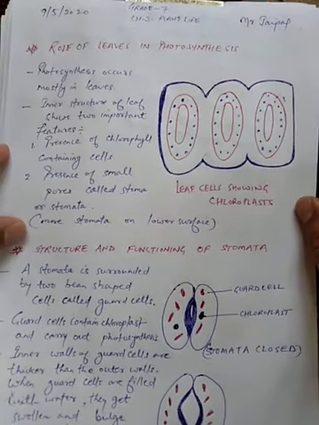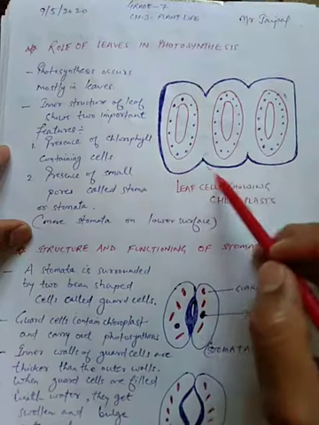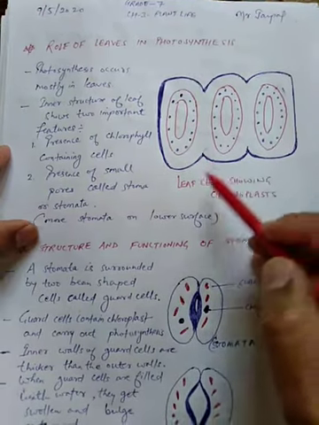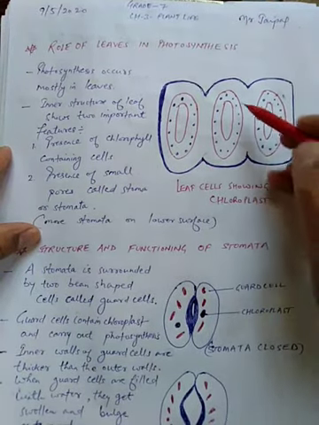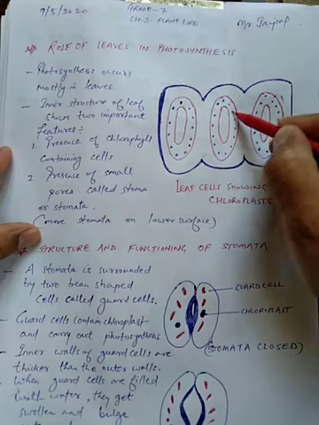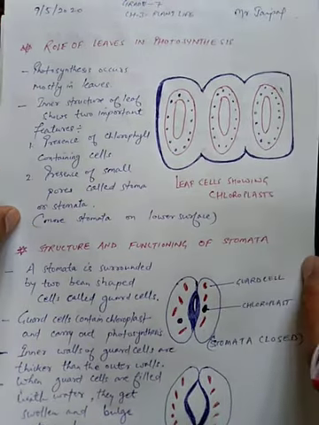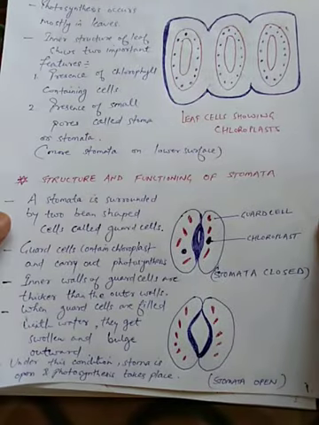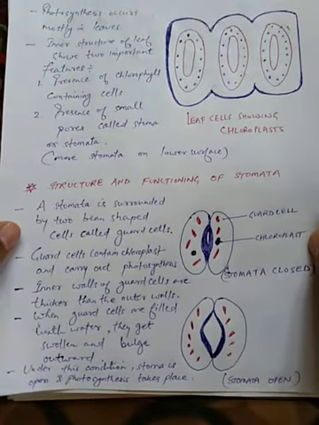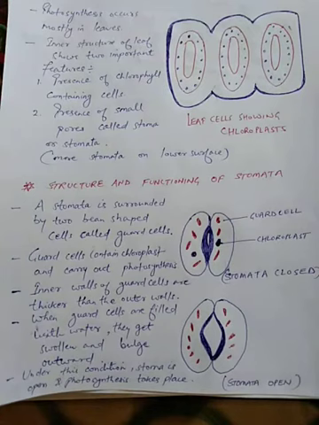Now you can see here the diagram. This is the leaf cells. It is showing chloroplast. These are the chloroplast. Now students, we will discuss the structure and functioning of stomata. What is the structure and how does the stomata function?